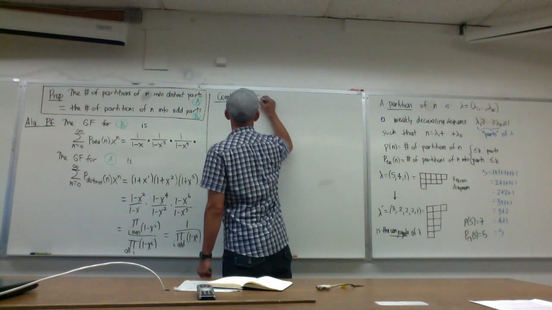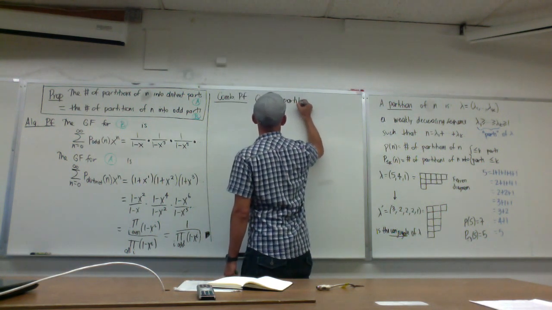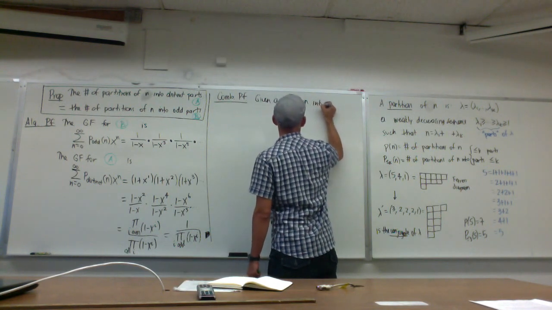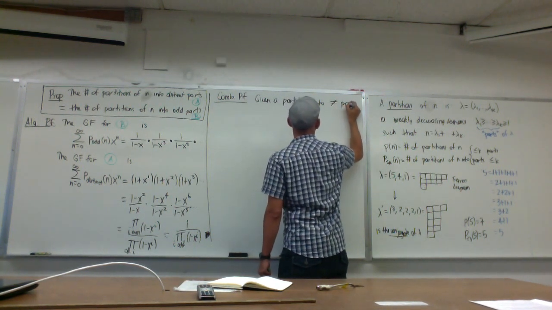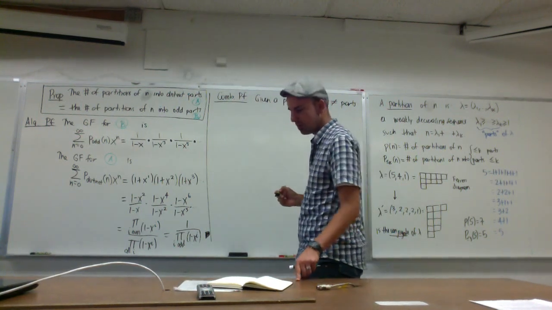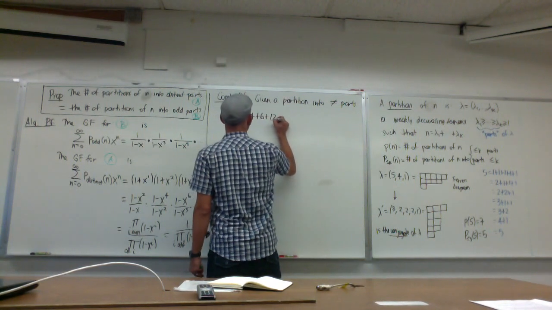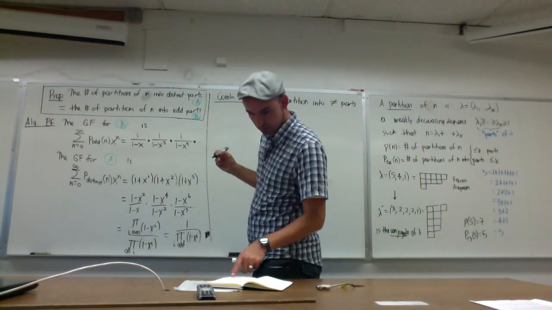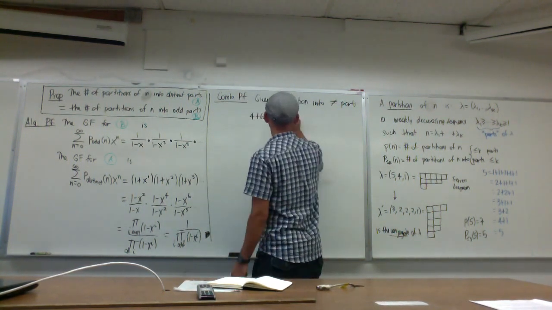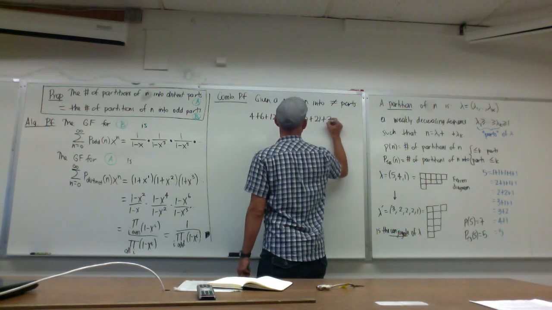So given a partition into distinct parts. Okay? And I just chose one here: 4 plus 6 plus 12 plus 16 plus 20 plus 21 plus 32.